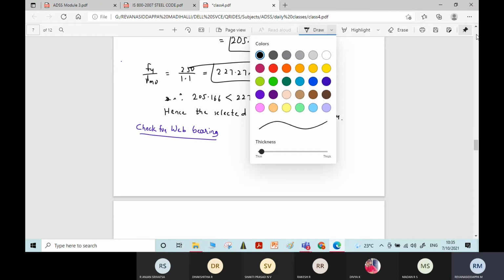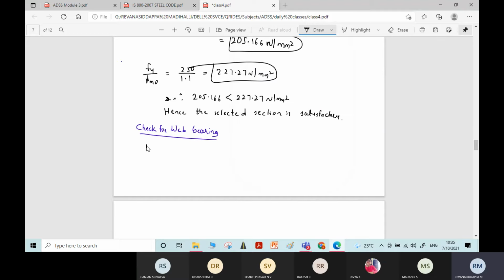Fw is equal to (B1 plus N2) into tw into fy, all divided by gamma m0. Follow the same procedure. Page number 67, IS 800.